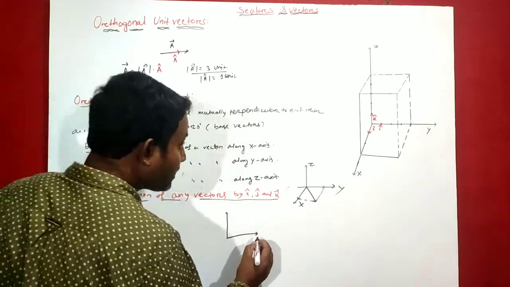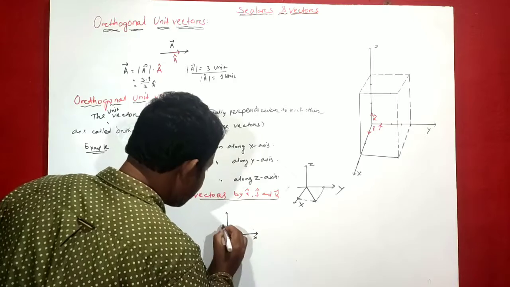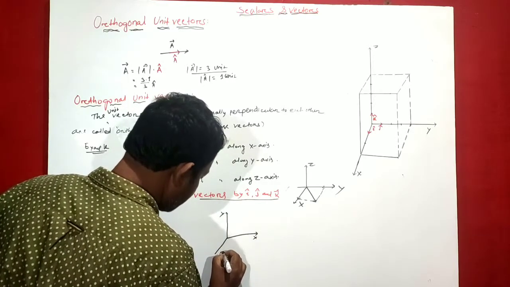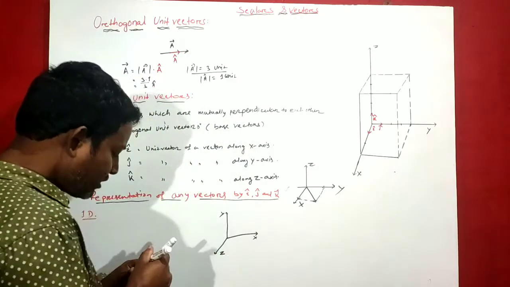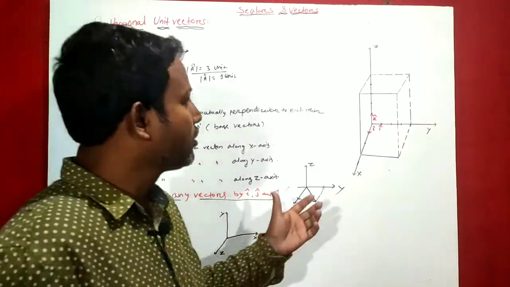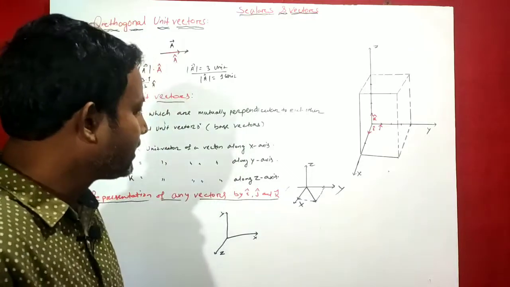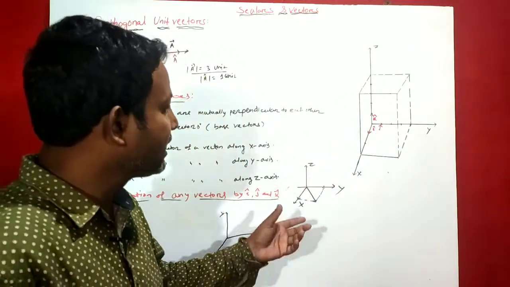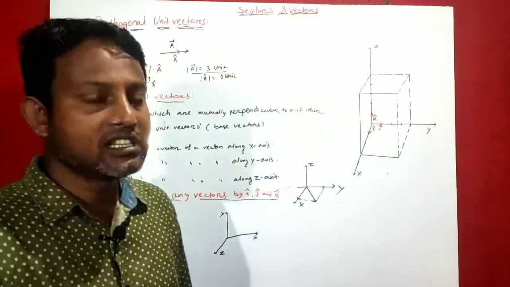For your convenience, I take this as x-axis, this is y-axis and this is z-axis. Guys, actually we can take any one coordinate axis as x, y or z axis.